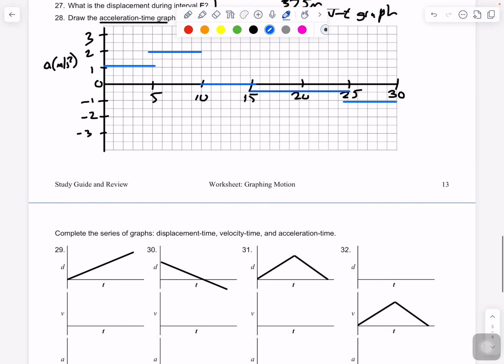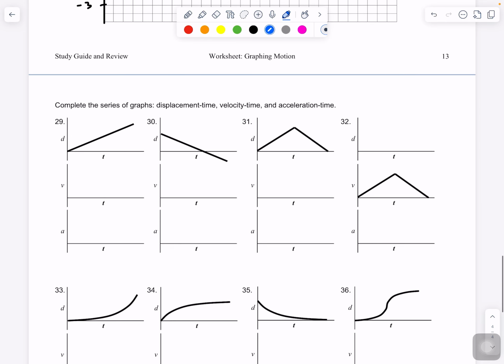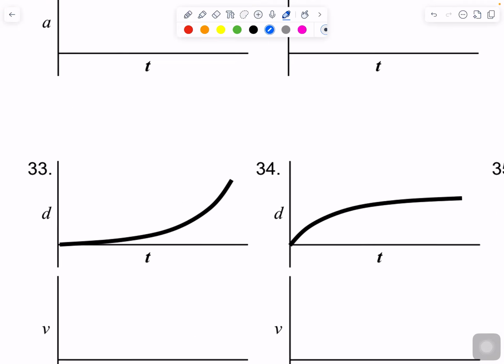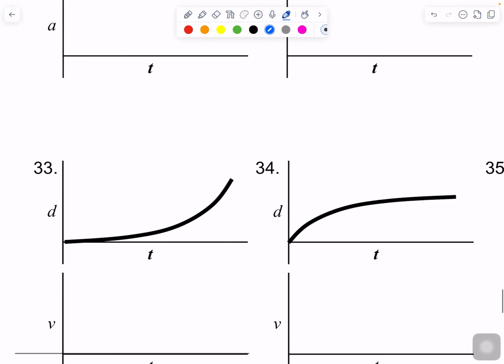Okay. Now, for the very last page, you're going to be given either a position time graph, velocity time graph, or possibly an acceleration time graph. And we have to be able to come up with the other two. Okay? Now, the first set are pretty doable. When we start getting into curves, we need to establish two different possibilities.